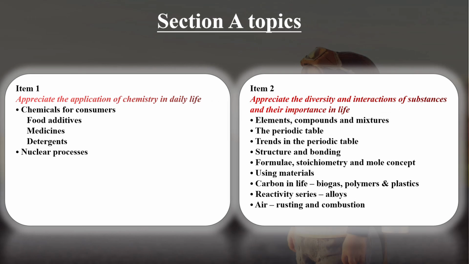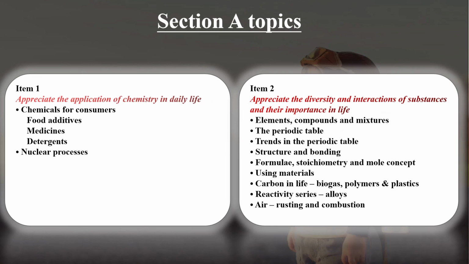Now, section A, item 2 is set from the third element of the construct, which says the learner appreciates the diversity and interaction of substances and their importance in life.